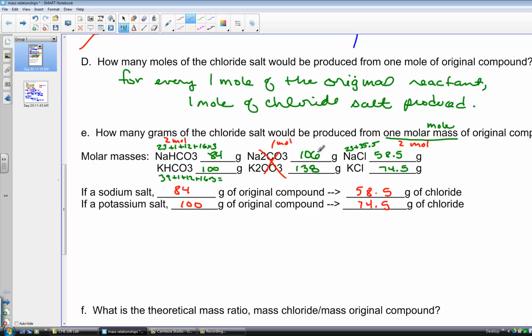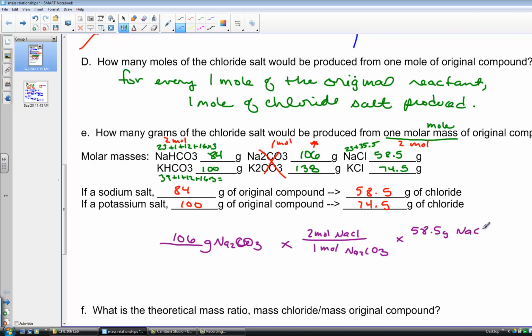But remember, if your lab is giving you a carbonate to start with, let's just suppose, and it's just so made up right now, if your lab started with a carbonate and I had 106 grams of Na2CO3, 2 moles of sodium chloride form for every 1 mole of Na2CO3, then 58.5 grams of your NaCl per mole would form.